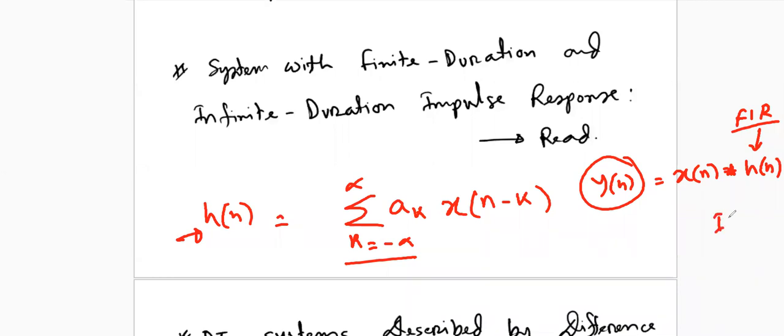However, if there is an IIR system, in that case, this is an infinite values of h[n], which gives that practically for the computers, for the real-time calculation, this is not possible to do all the mathematical tasks. So that's why the IIR system can be represented in a different way, which is known as the difference equation. We'll talk about this in the subsequent section.